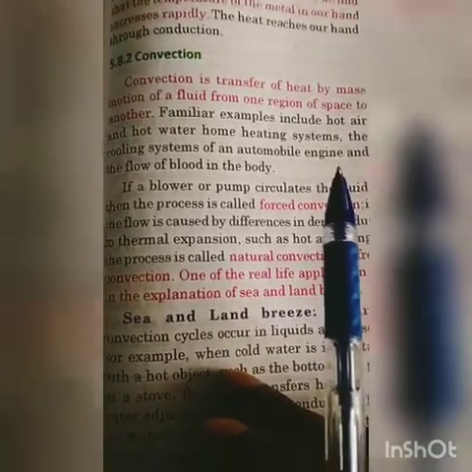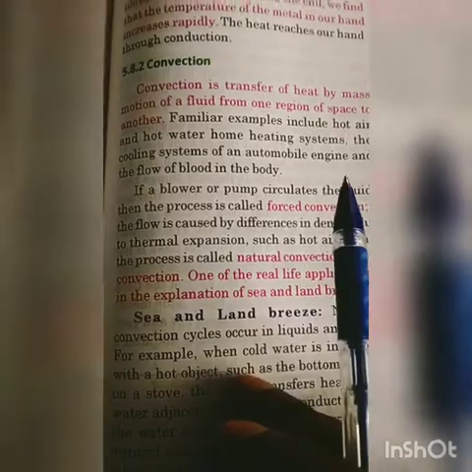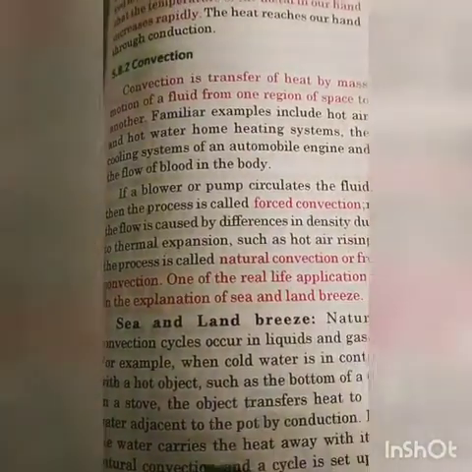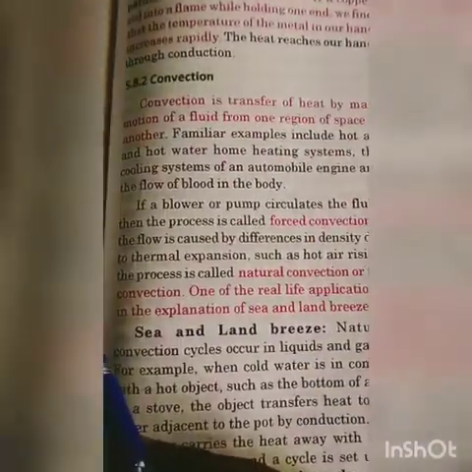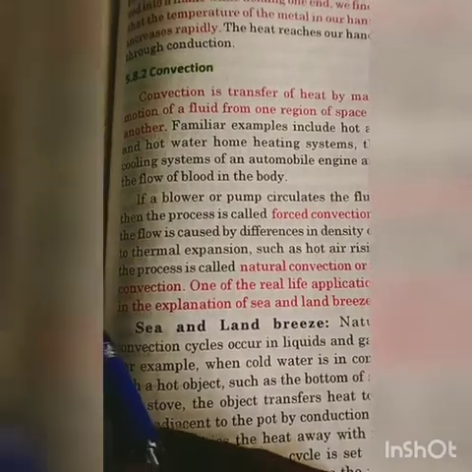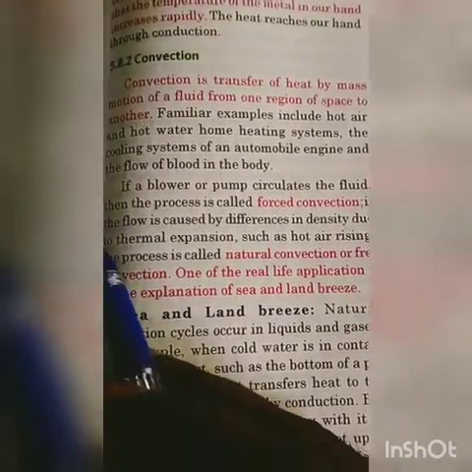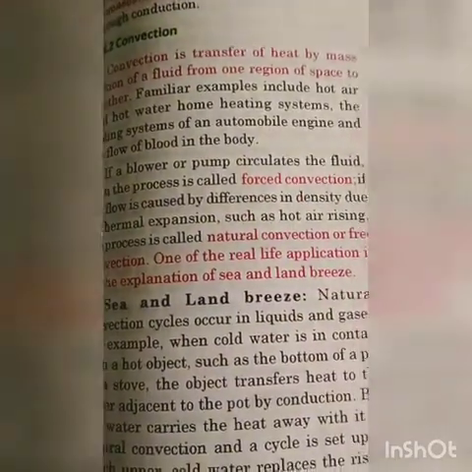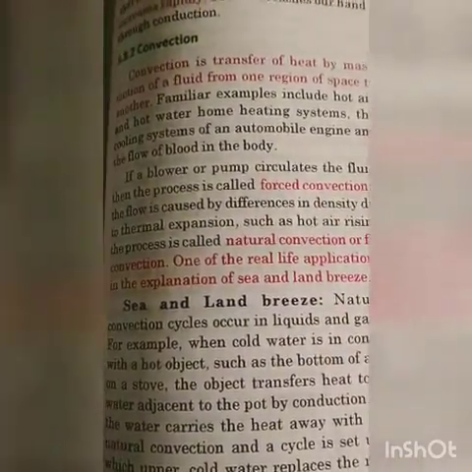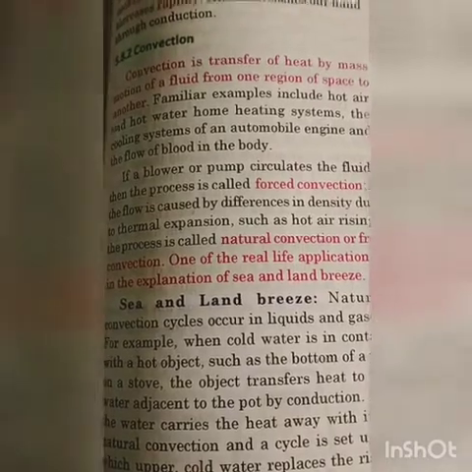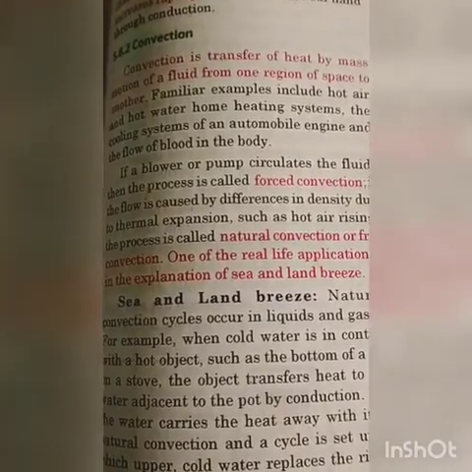So the hot water rises to the top, and the cold water replaces its place. So it comes at the bottom, and again it gets heated up by gaining the heat, and so again it moves up.